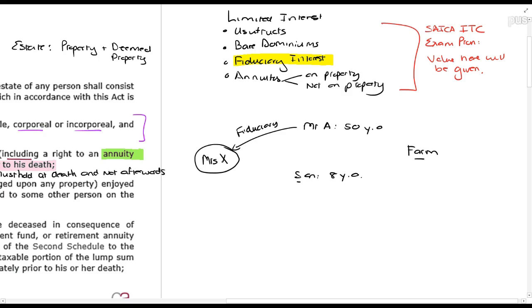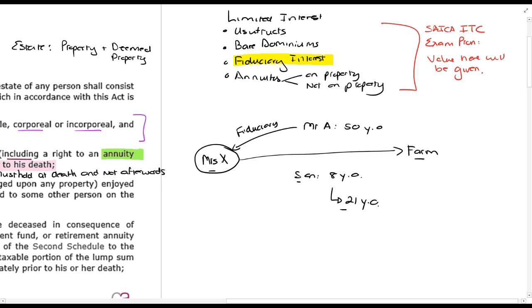So basically what it means is Mrs. X will look after the farm. She will run it, she will operate it, she will treat it basically as if it's hers. She's in charge of it until the son reaches a certain age, let's say. Let's say Mr. A wants the son to reach 21. So Mrs. X will run the farm until the son turns 21, and then all the rights will go to the son.